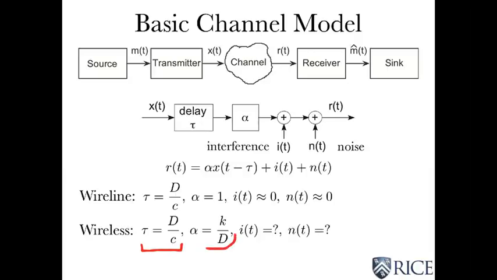What's much more important is the fact that the attenuation is inversely related to the distance between transmitter and receiver. The further away the receiver is from the transmitter, the smaller the signal you're going to receive. And who knows what kind of interference and what kind of noise are going to inhibit the reception of the signal.